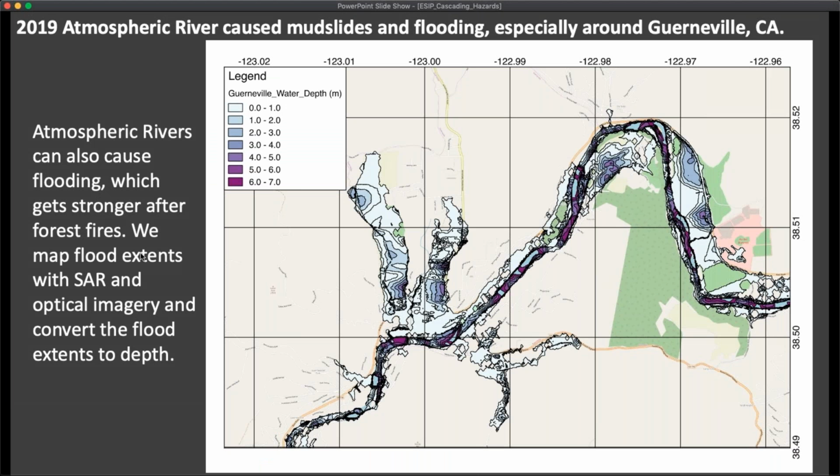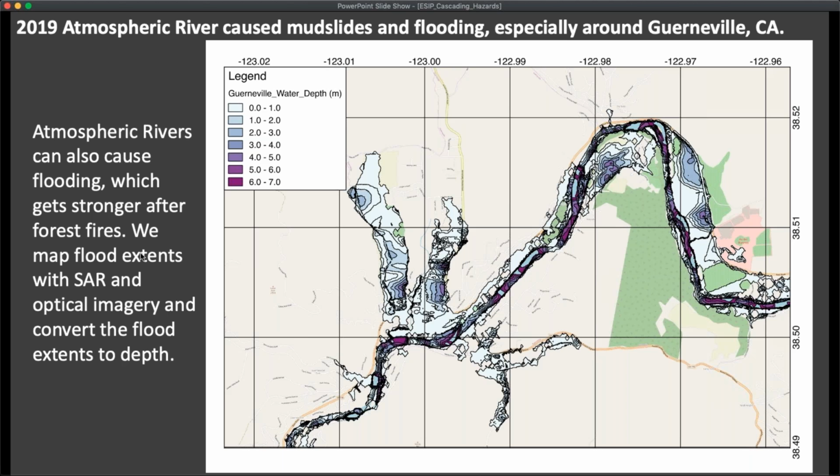So speaking of the flooding in 2019 event, this atmospheric river caused a lot of flooding in the town of Guerneville. So we were approached by the California Department of Natural Resources to map the flood height, flood depth. So we do this analysis using both radar and optical data.